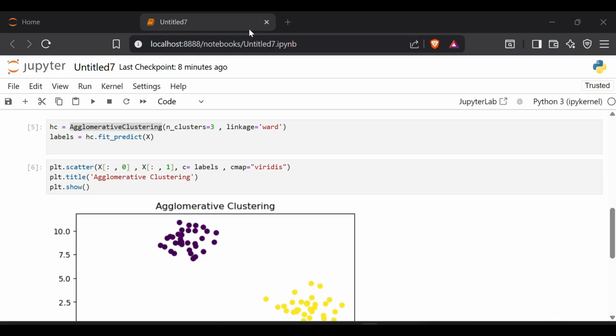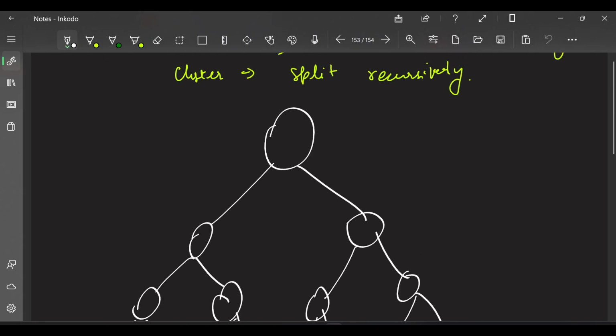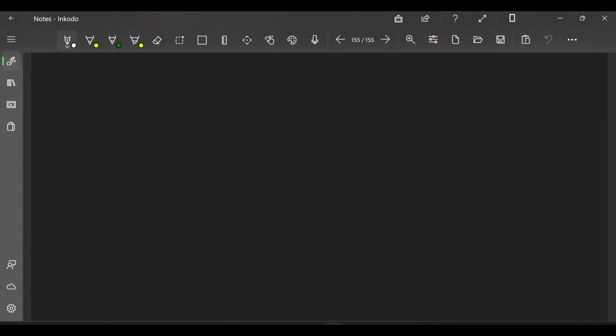So now we will talk about dimensionality reduction. For that let me go to the notepad. So here we will understand the dimensionality reduction.